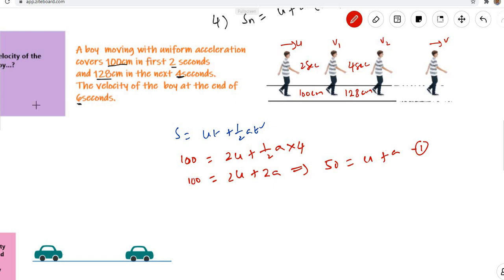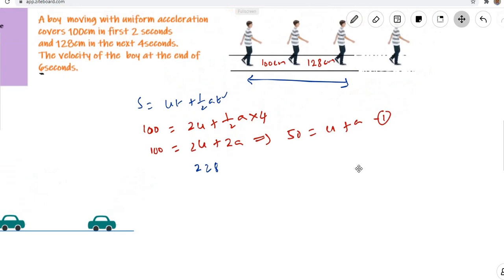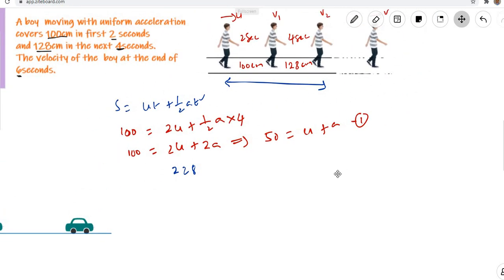Now I'll apply the same equation from the beginning to this point. What is the total distance covered? 228. Total time 6 seconds. So let us write the second equation. Total distance is 228, and the total time taken is 6 seconds. Again we write the same way, u the initial velocity is the same, but time is now 6 seconds.